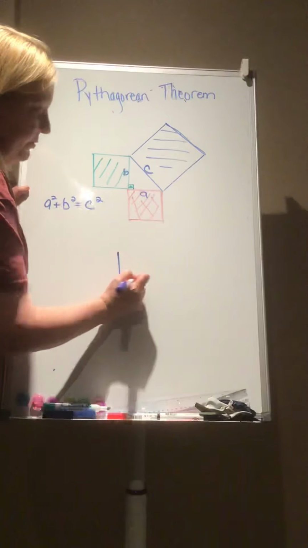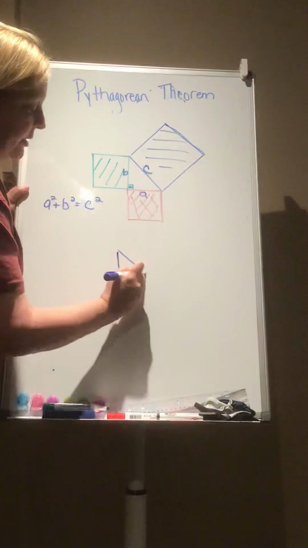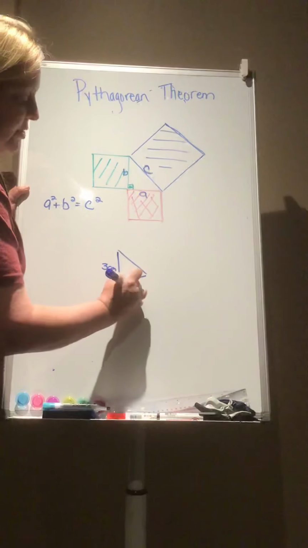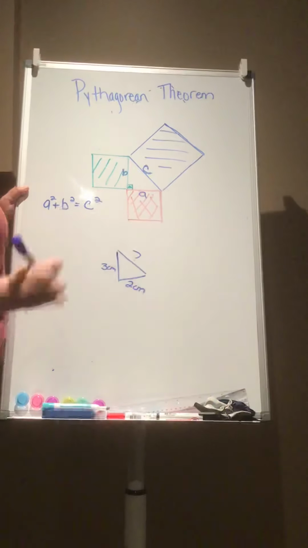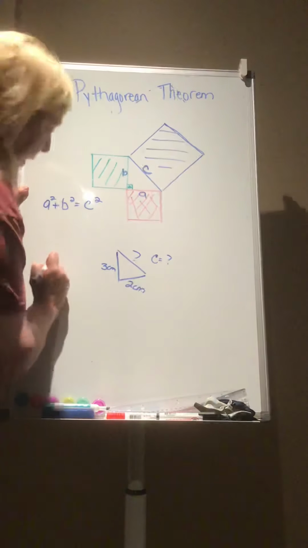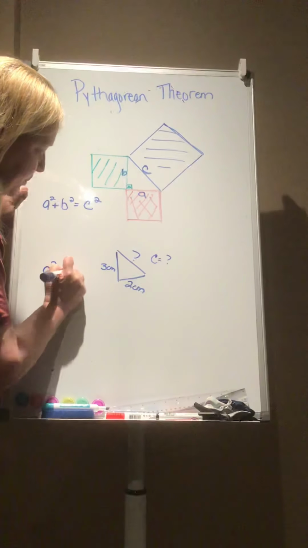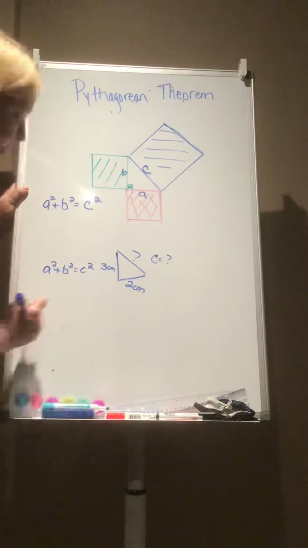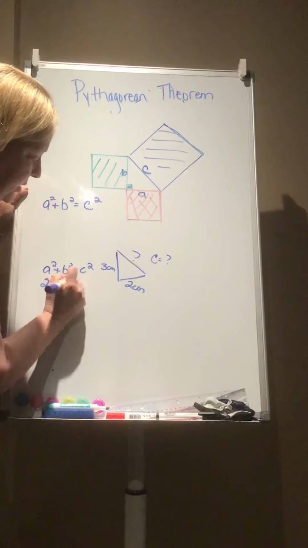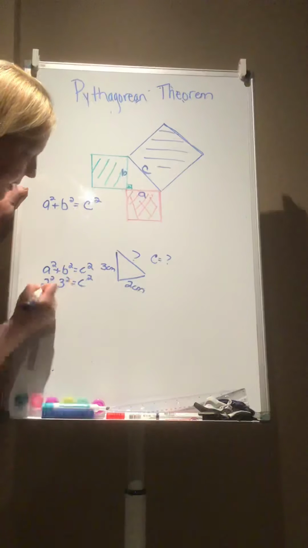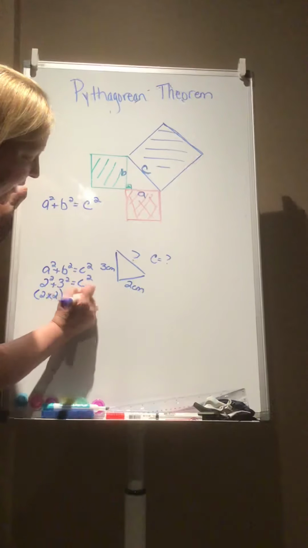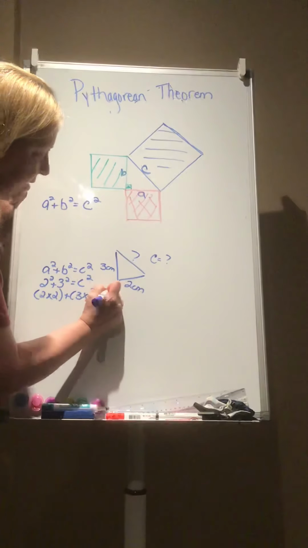Again, I'm going to draw another right triangle. I'm going to say this is 3 centimeters and this is 2 centimeters, and I don't know this, so C equals question mark. A squared plus B squared equals C squared. 2 squared plus 3 squared equals C squared. 2 times 2 is 4. 3 times 3 is 9.